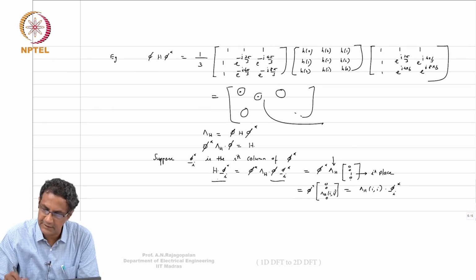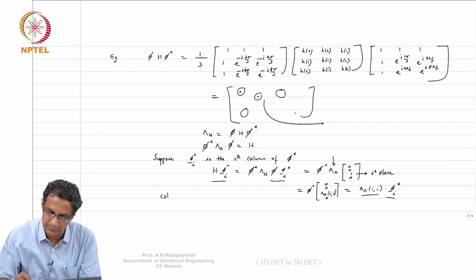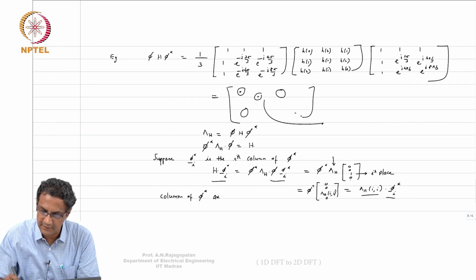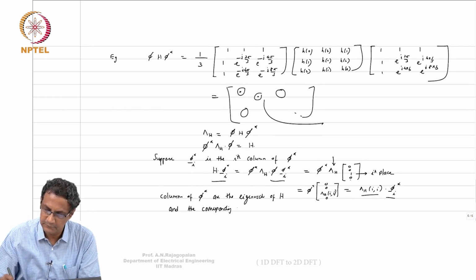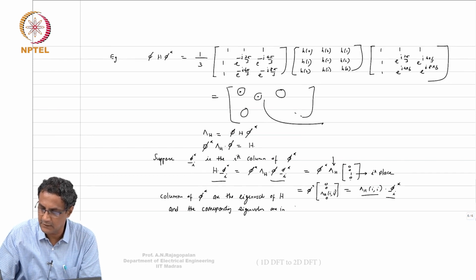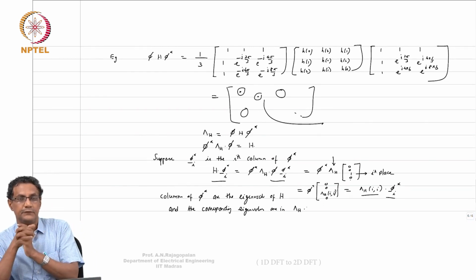So you see that H phi i star is some scalar times phi i star, which means that the columns of phi star, not phi, are the right eigenvectors of H, and the corresponding eigenvalues are in delta H, delta H i comma i, and so on.